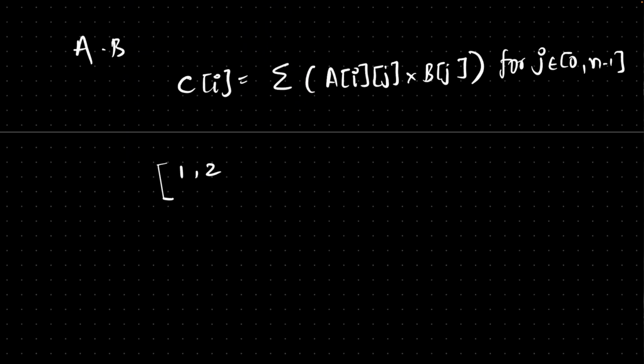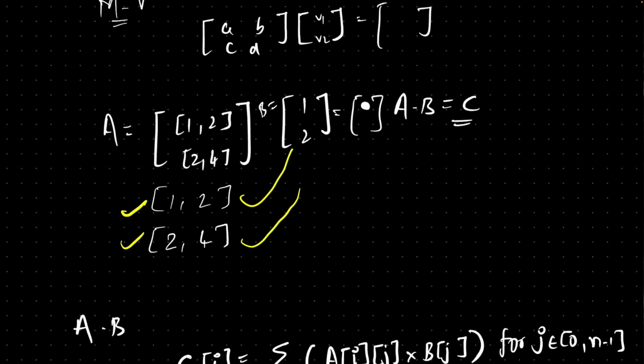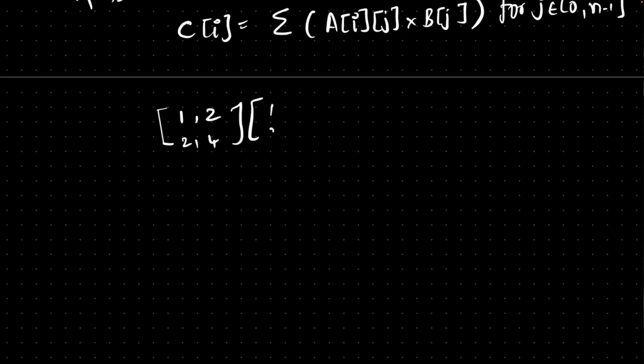So we had a matrix here, 1 2, 2 4, and we were doing a dot product with the vector 1 2. Okay, fine, let's just do it. For row 1, take the first row and take a dot product with the vector.